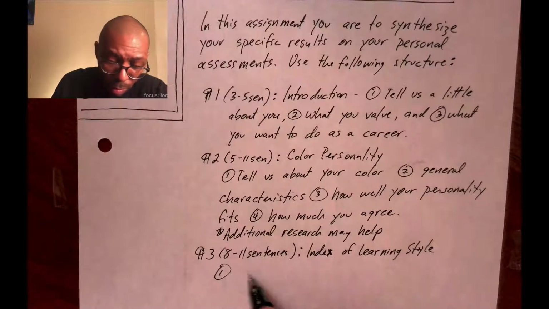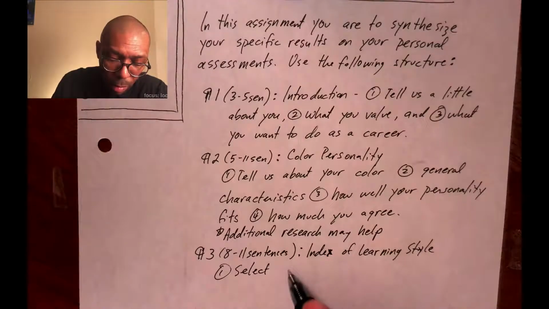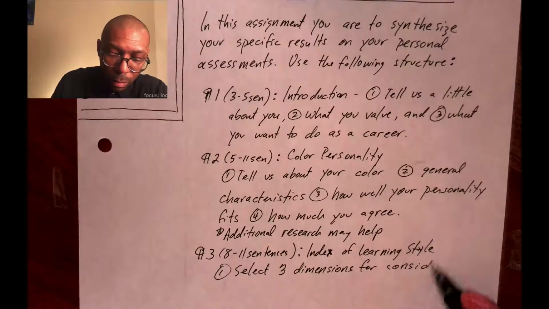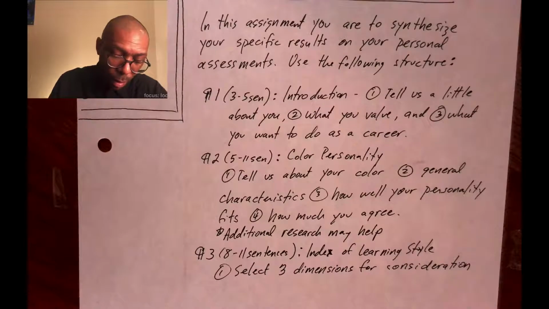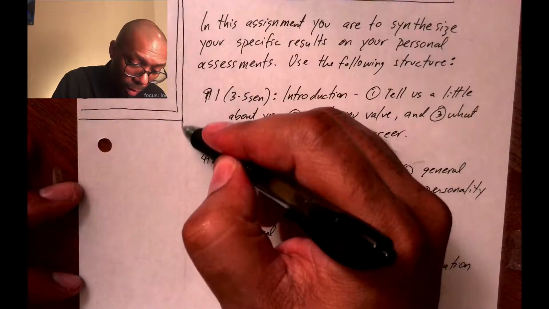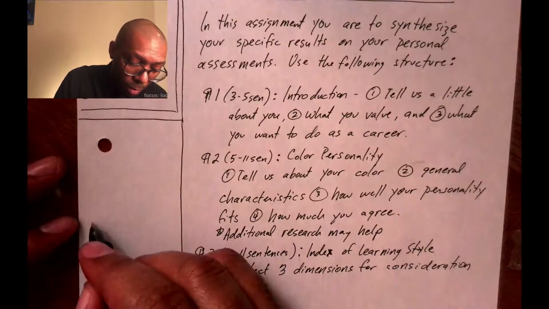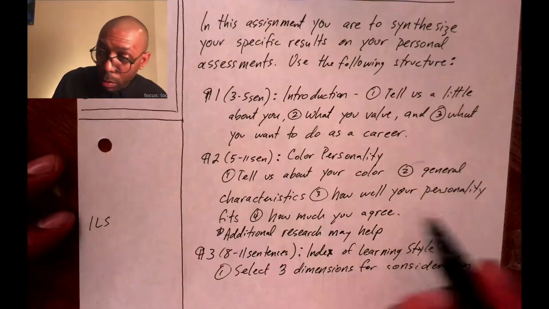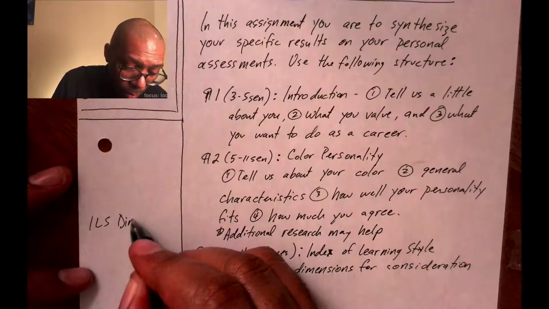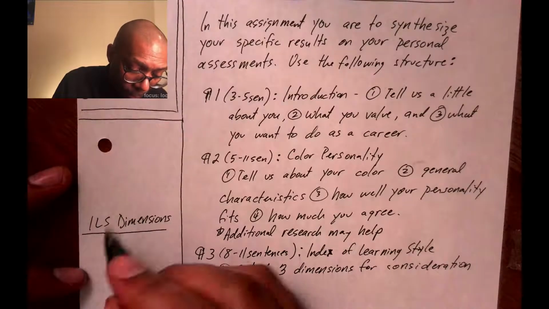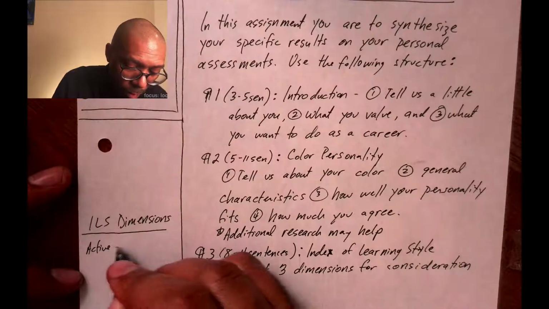So your job is to select 3 dimensions for consideration. Those dimensions are, I guess I am doing more of a standard Cornell today. Those ILS dimensions are active, reflective.